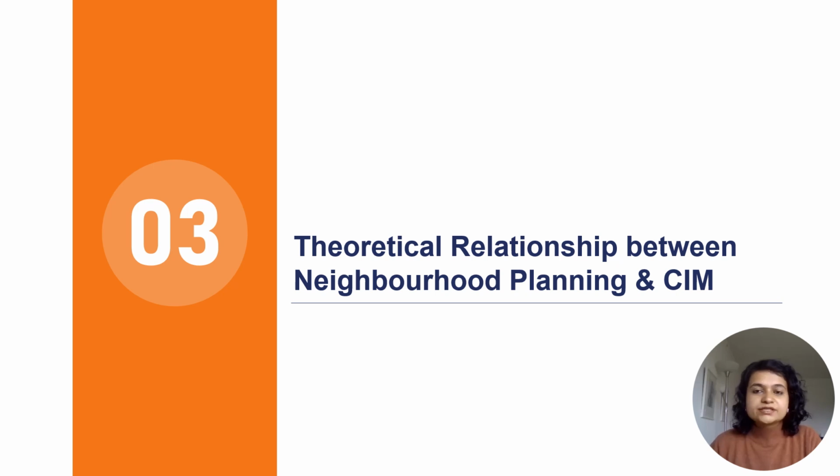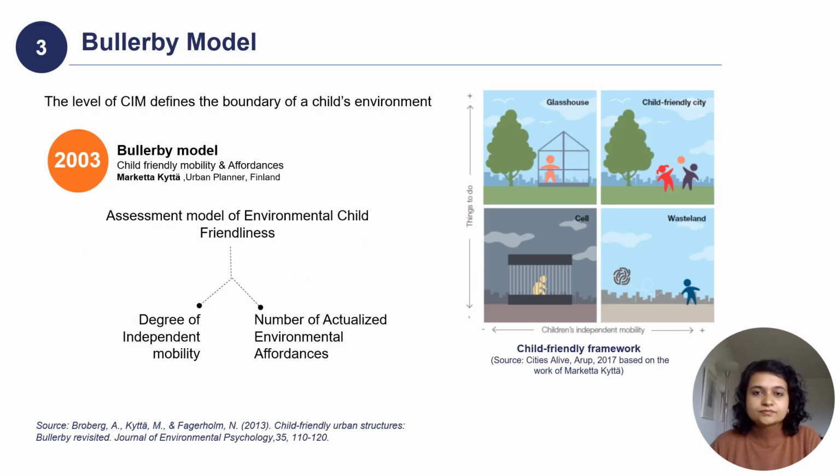Section 3. Theoretical relationship between neighborhood planning and CIM. One of the most cited and popular conceptual frameworks is the Bullerbee model, based on the work of Finnish academician Professor Marketta Kyttä. This model established a theoretical foundation for creating a child-friendly urban setting as the relationship between the availability of things to do and the level of independent mobility a child has to explore and enjoy the same.